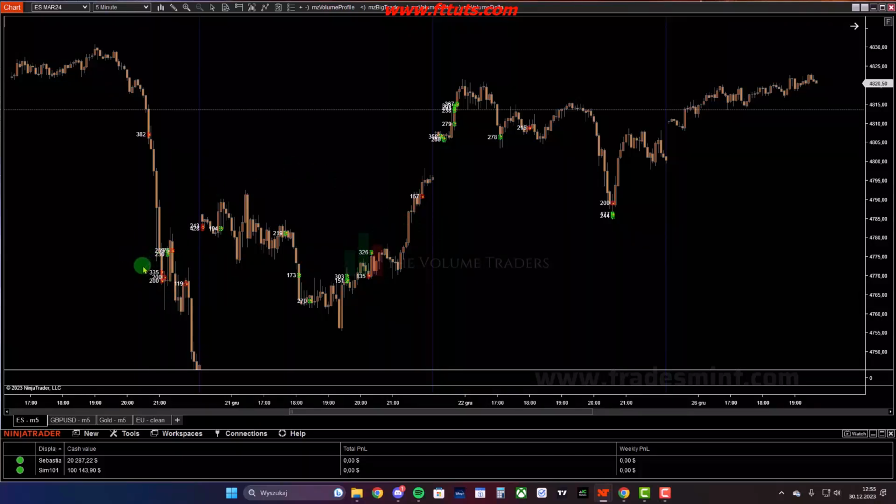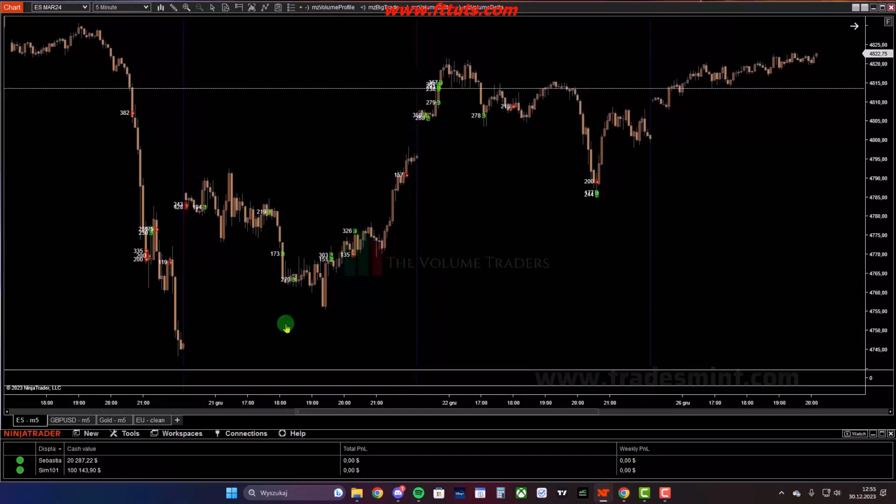So you need some understanding of the moves. If at the end of the session I see big sellers' activity, these zones are red, that could mean that maybe the next day we will also see a bearish move from that zone.